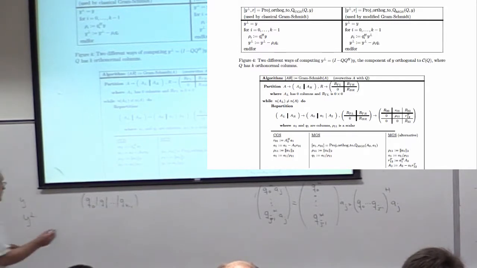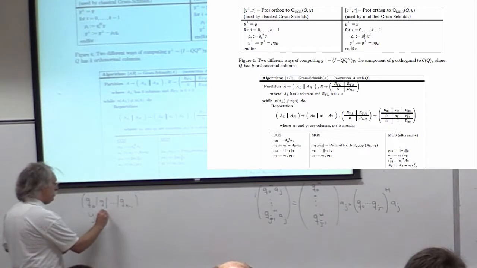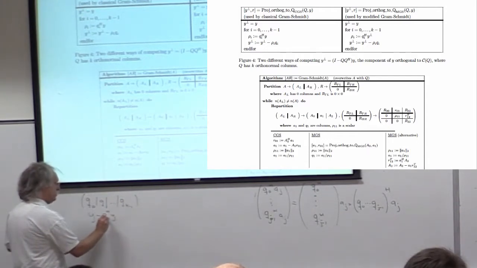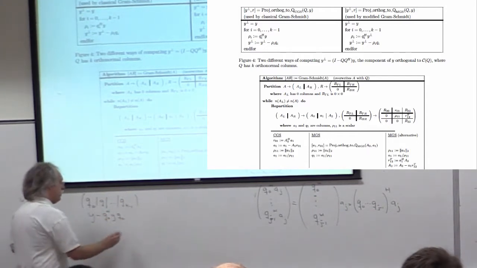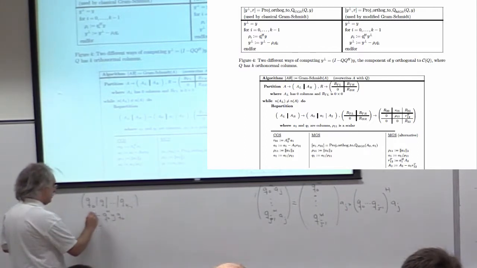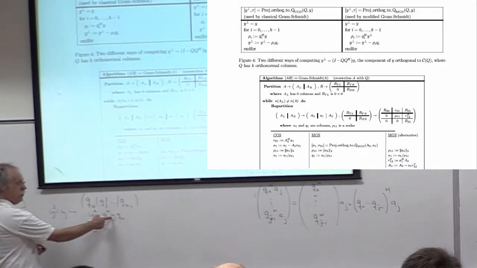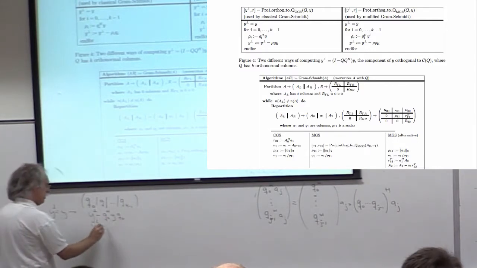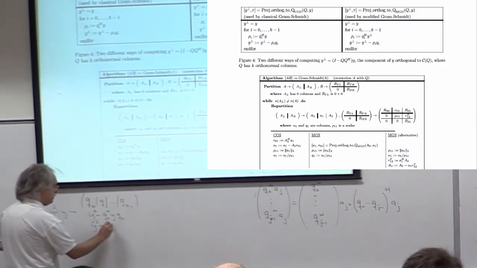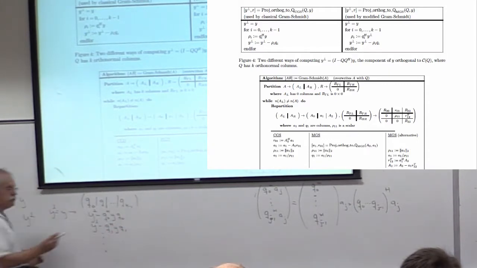One way of doing that is to take your y and subtract out the component in the direction of Q0. So you start by setting y perpendicular equal to y, and then take out the component in the direction of Q0, take out the component in the direction of Q1, and so forth.